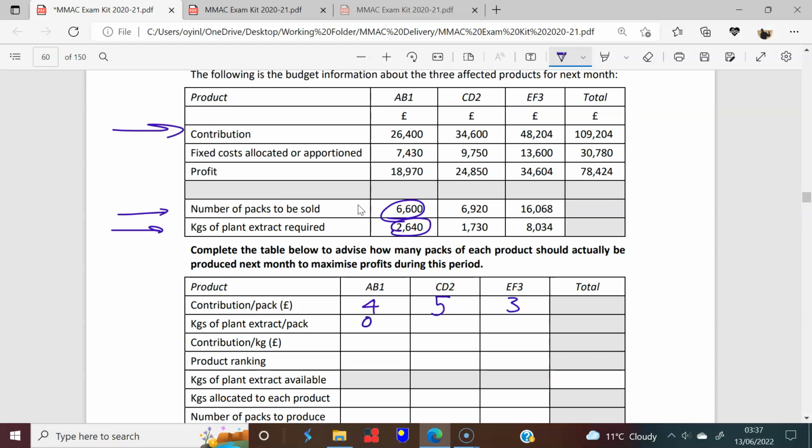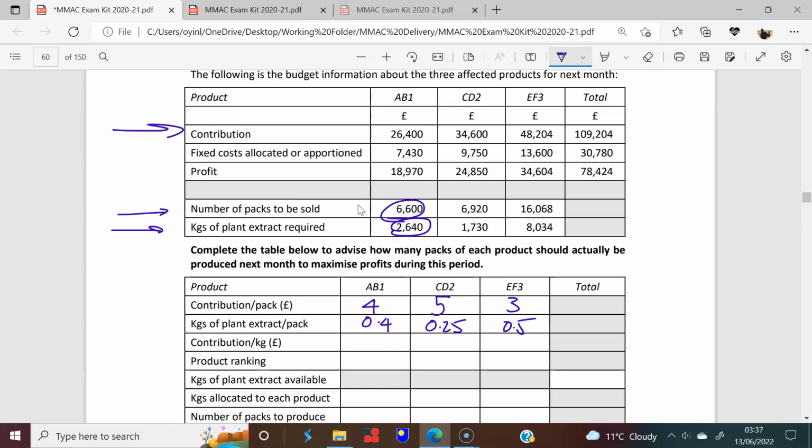Then the same thing here, 1,730 divided by 6,920, which is 0.25. And finally, we have 8,034 divided by 16,068, which is a half. And that's what we have.